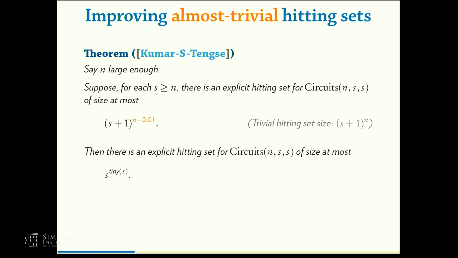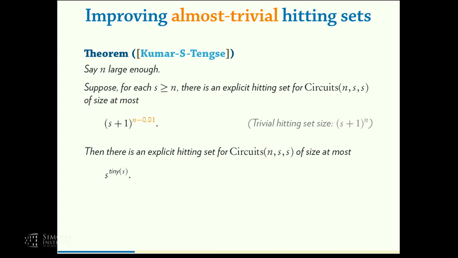The first aspect is that suppose you could give me a hitting set which is barely non-trivial, in the sense that the trivial bound would have been n in the exponent, but I just want anything better than n. The point one is no special number, it could be any number there. In fact, you could even put a 1 over log n.